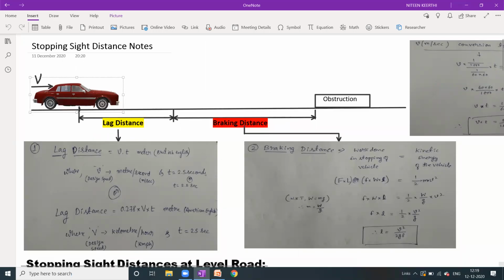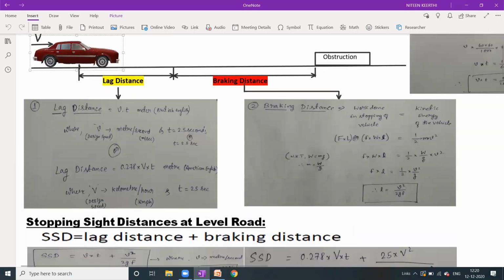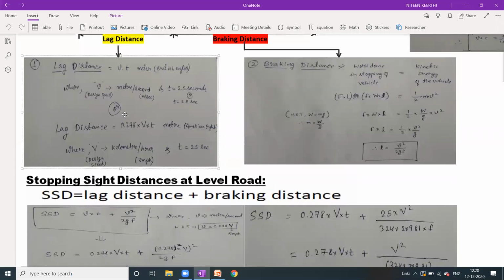For example, if I talk about lag distance, here you can see I have written the notes also. I will be sharing this Microsoft note with you, no need to worry. Here I've written in a book and shown you. You can see the lag distance here.